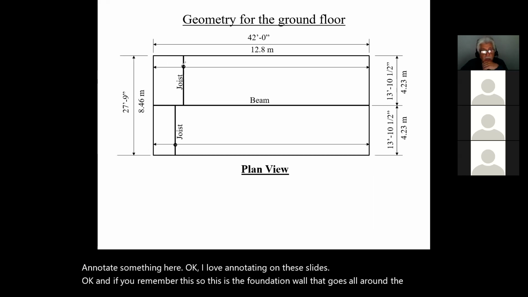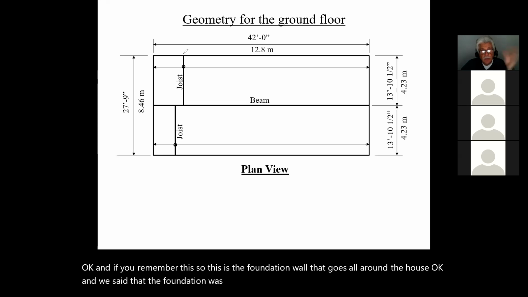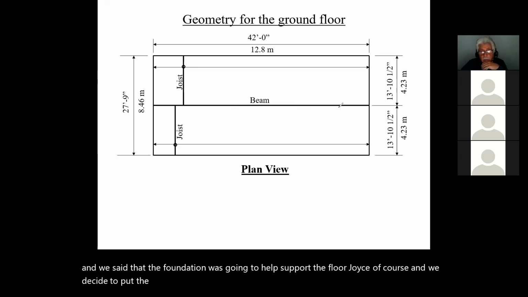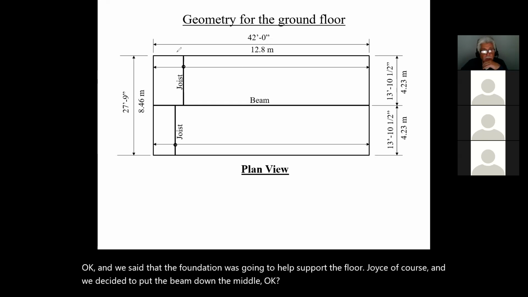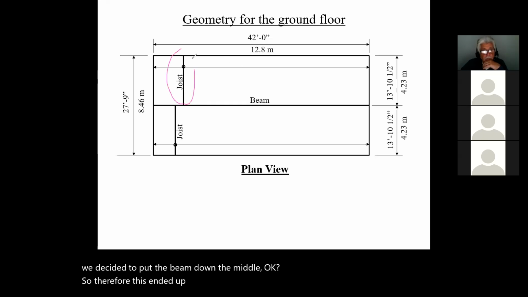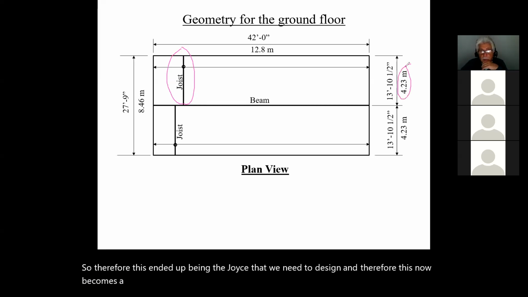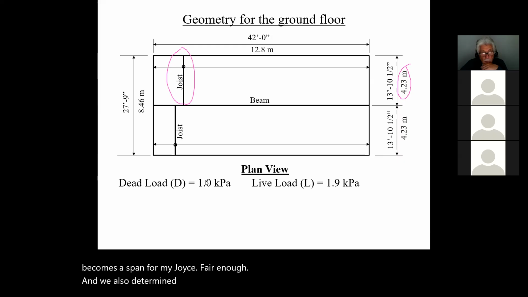We said that the foundation wall is going to help support the floor joists, of course, and we decided to put the beam down the middle. Therefore, this ended up being the joist that we need to design, and this now becomes a span for my joist. We also determined that our dead load was 1.0 kPa.